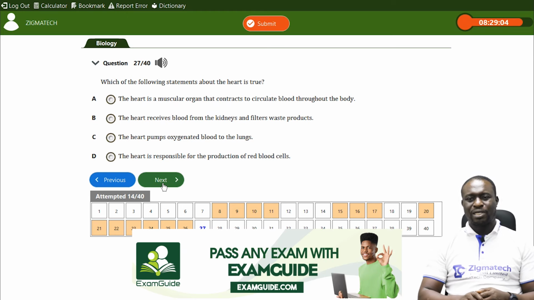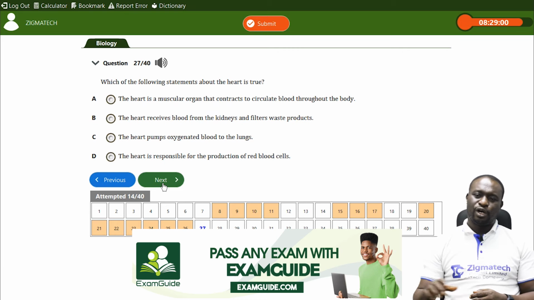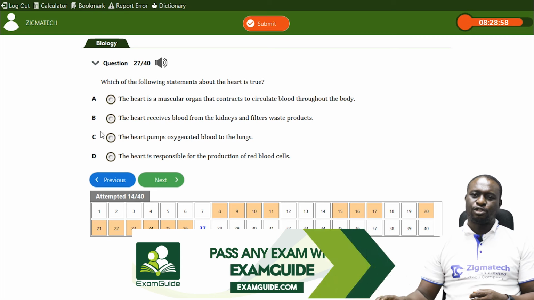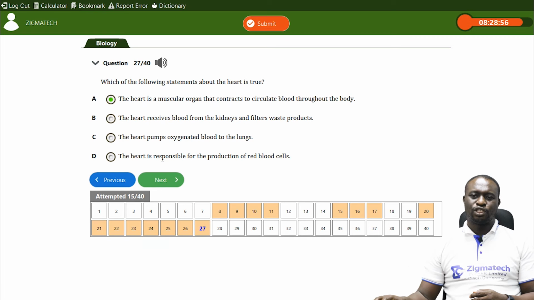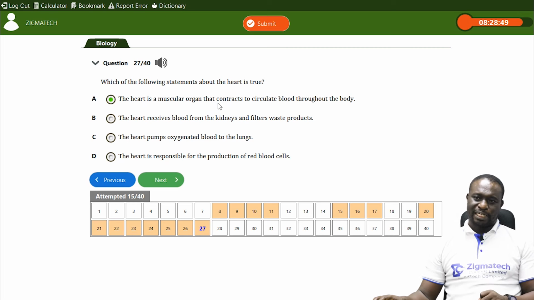So in other words, the correct answer to this particular question is option A, which says that the heart is a muscular organ that contracts to circulate blood throughout the body.